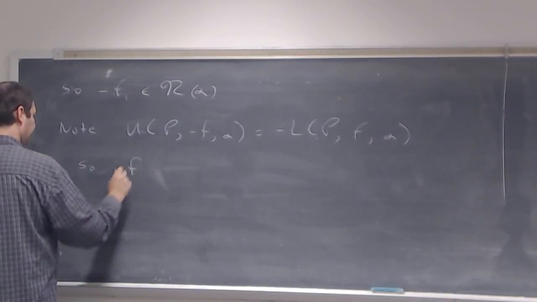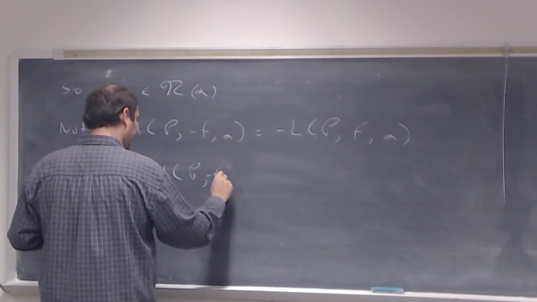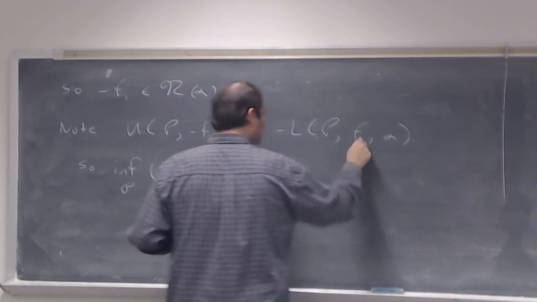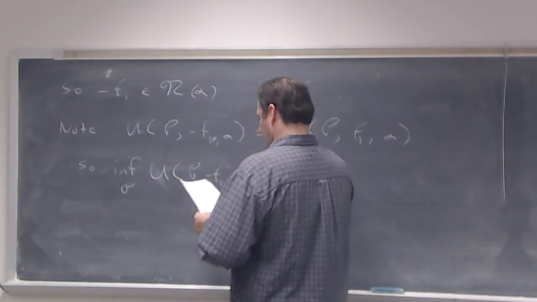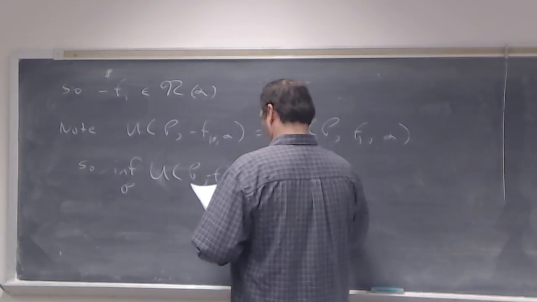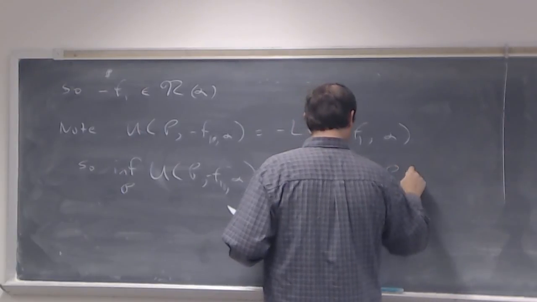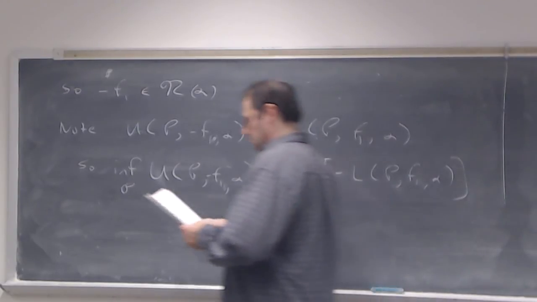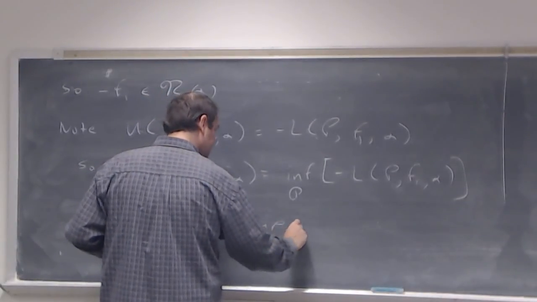So the infimum over all partitions of these upper sums of minus f alpha, I guess I should be writing f sub 1 here, f sub 1, will be equal to the infimum over all partitions of minus L with this partition of f sub 1 alpha, and that part is equal to the supremum over all partitions of here.